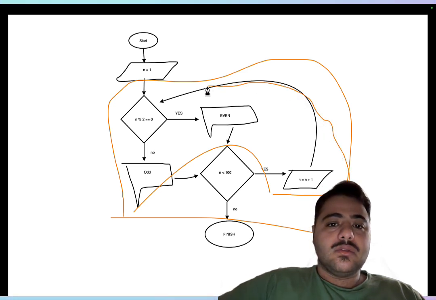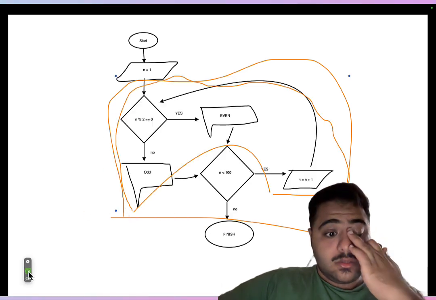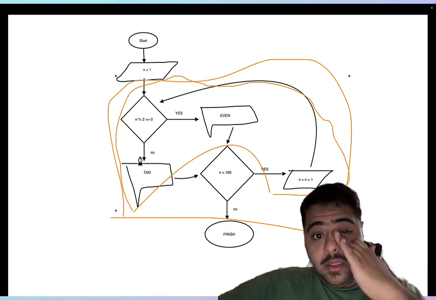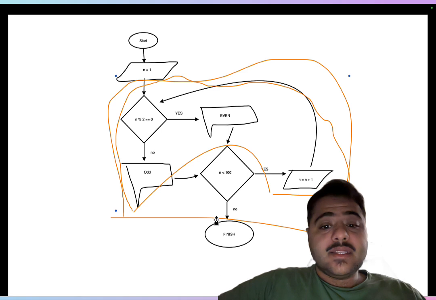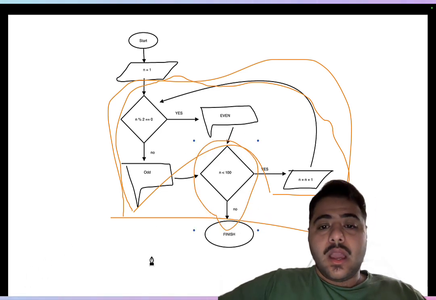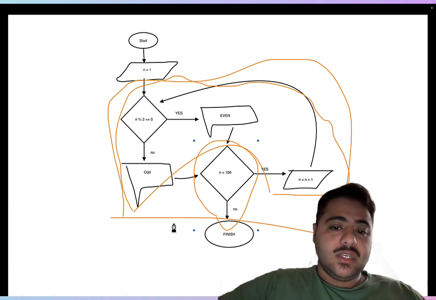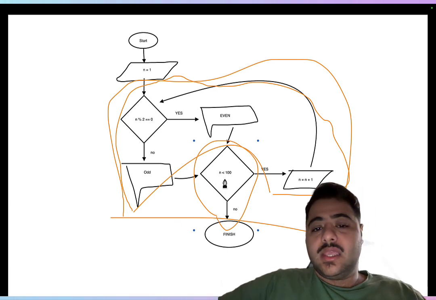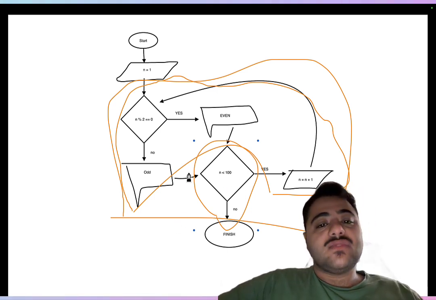And the latter part is our condition. So while n is less than 100, we're going to do that.